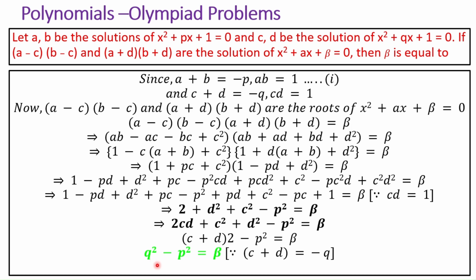Which means, since c plus d is nothing but minus q, q square minus p square equal to beta. So you should have patience to solve such problems. This is just an expansion, and at the appropriate place you replace these values. From the first two equations, whatever values you have, you replace appropriately. So beta is q square minus p square.